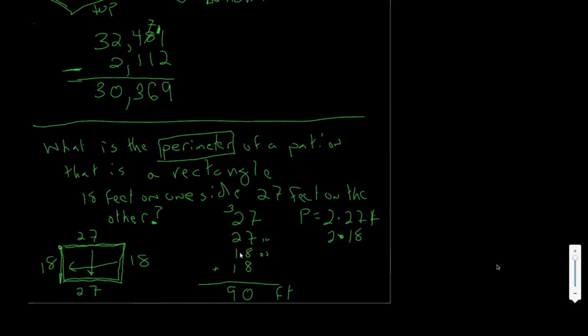Sorry, I'm saving this because I ran out of blackboard space. Let me see if I can clear this. Yep, good. I'm erasing my blackboard here. Let me get a clean board and then I'll start talking because just doing this is distracting me a bit. There we go.